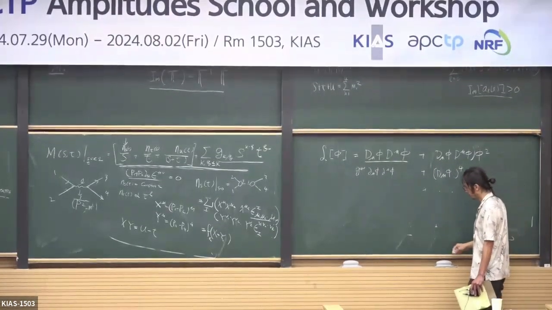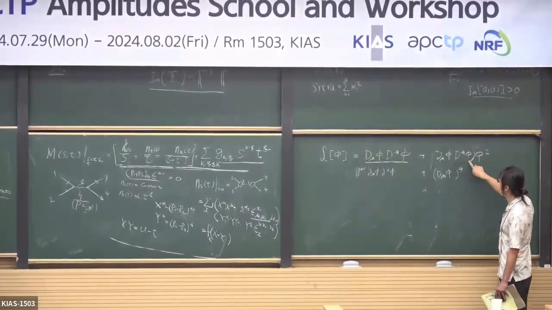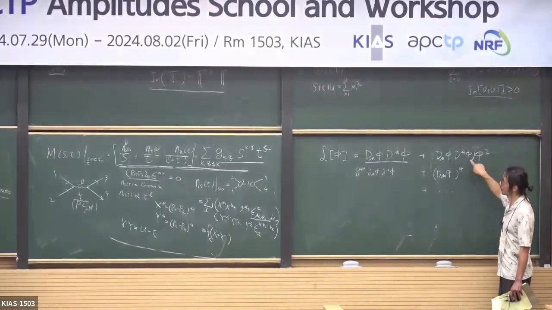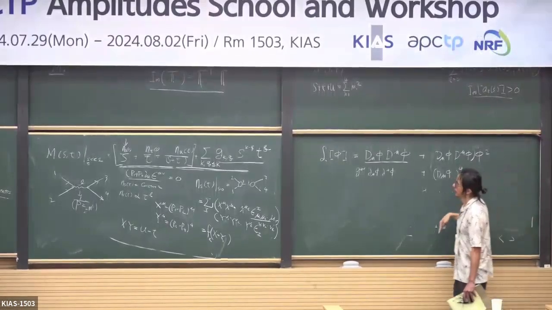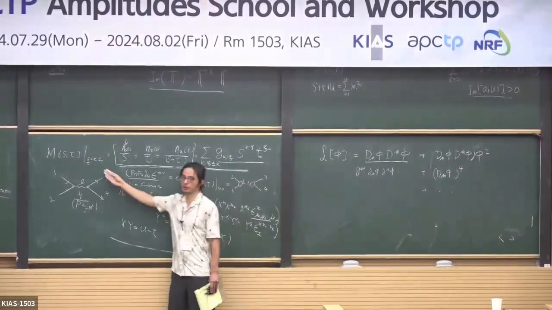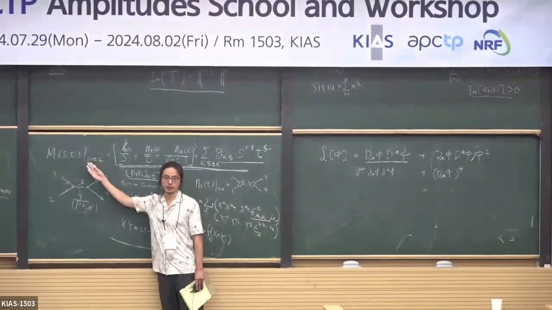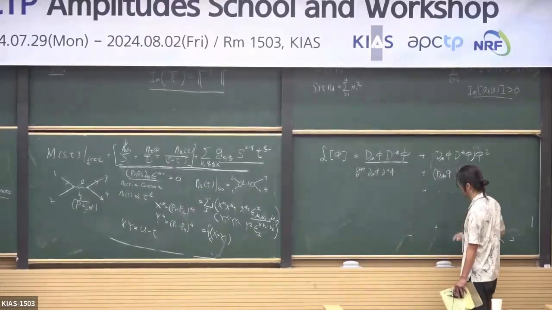Okay. Notice that the terms that I'm writing out here always involve 4 scalar fields. This is because these are the terms in the Lagrangian that actually contribute to my 4-point amplitude. So that's why I'm only writing down these terms here.